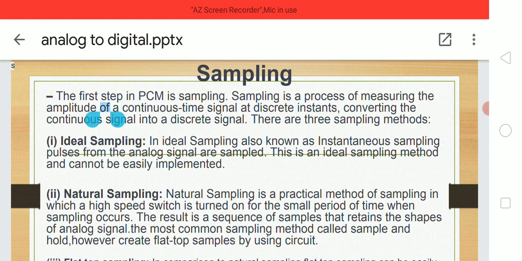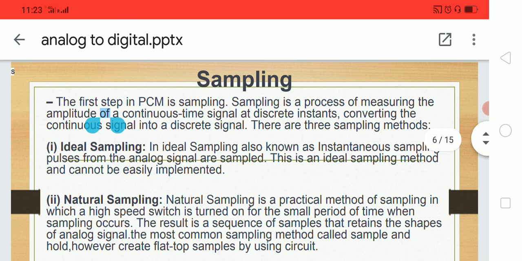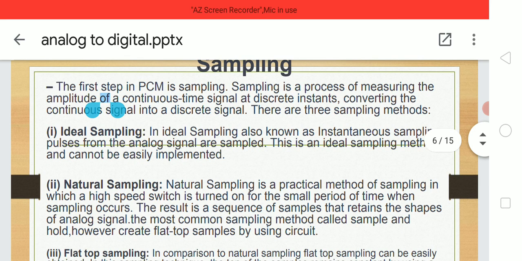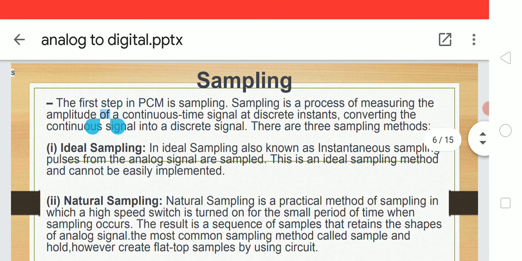Sampling is the process of finding a sufficient number of samples. How many samples are taken from an analog signal is decided by the sampling process, and the signal can be reconstructed into the original signal.